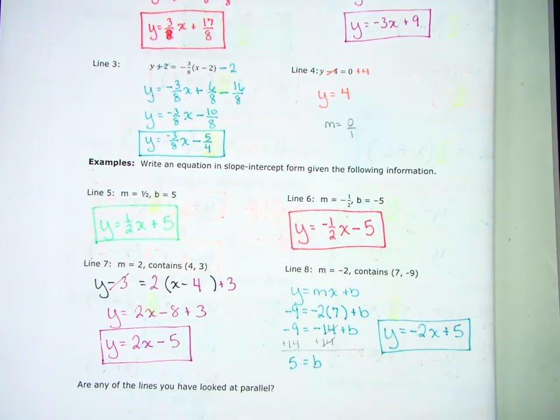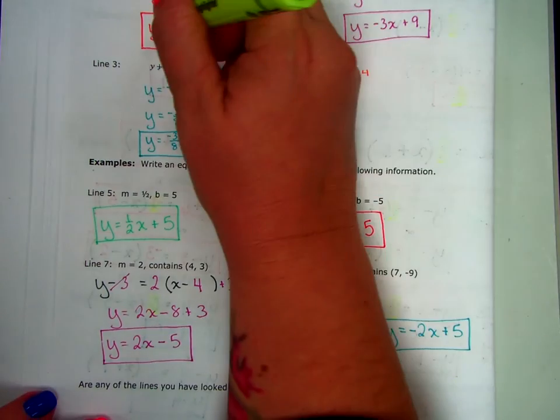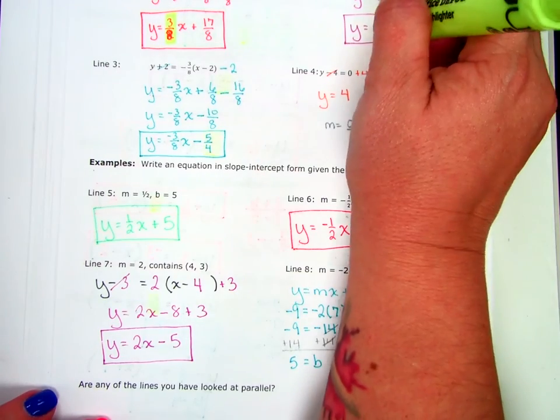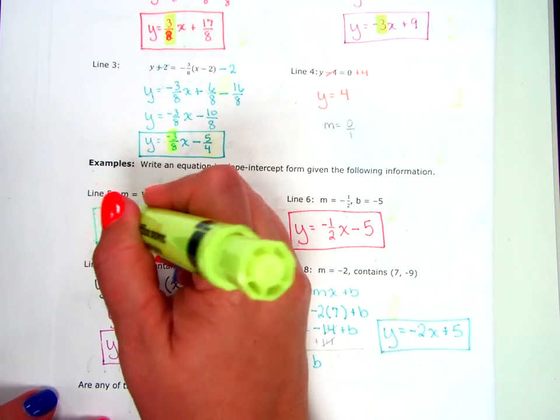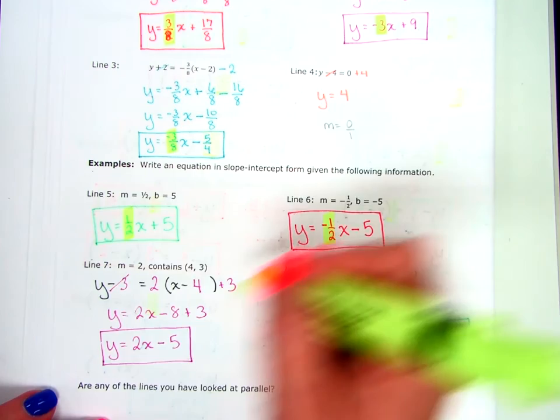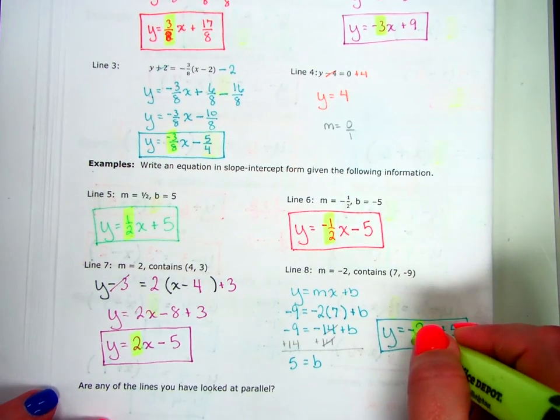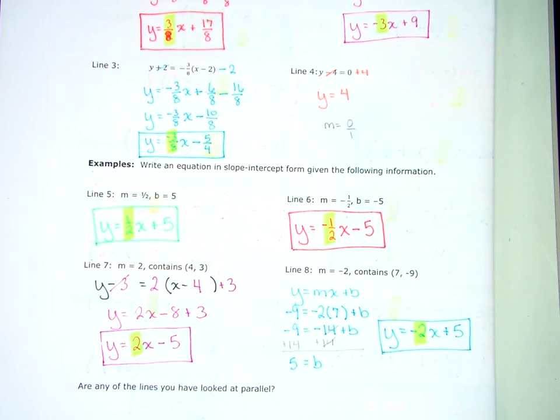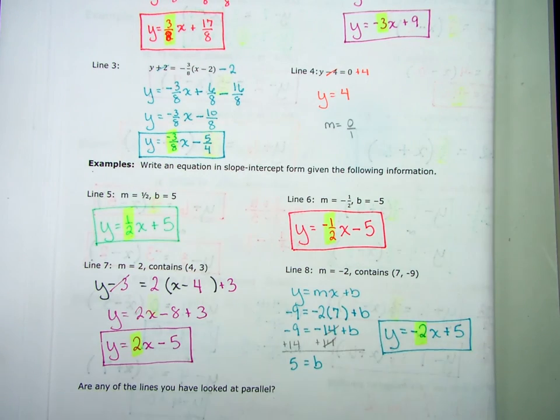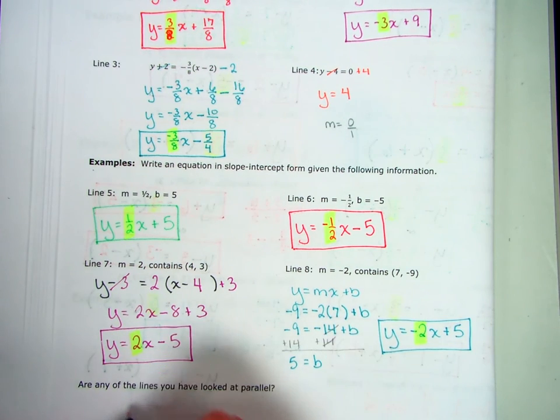Alright, so now we're going to do just like we did on the last page. We are going to decide if we have anything parallel or perpendicular. So if I identify all my slopes, 3/8, negative 3, negative 3/8, 1/2, negative 1/2, 2, and negative 2. Are there any parallel lines?